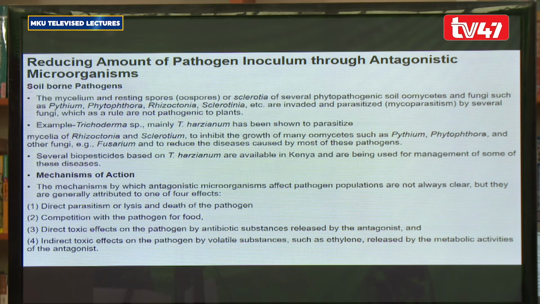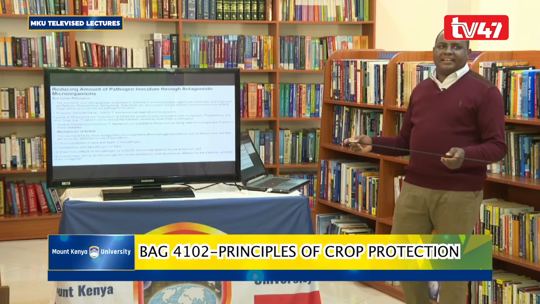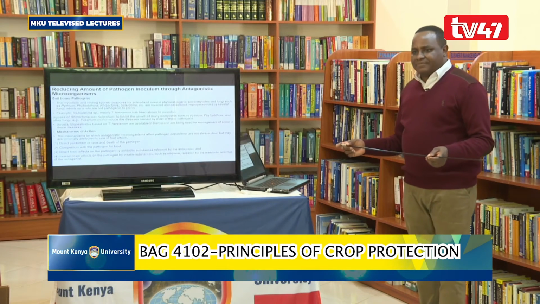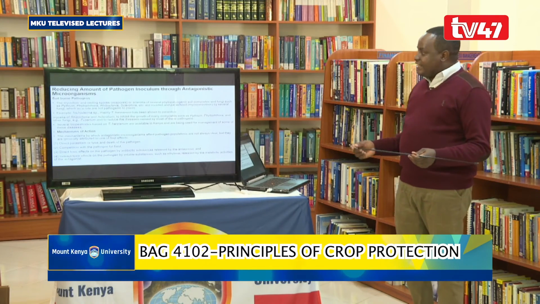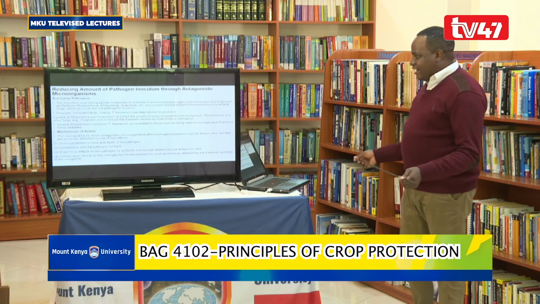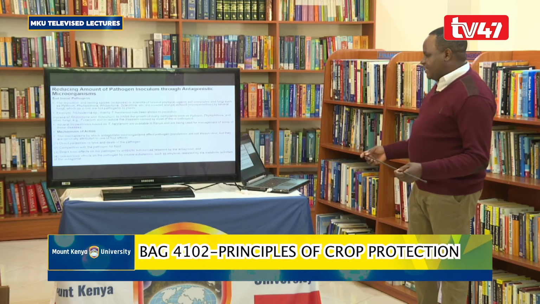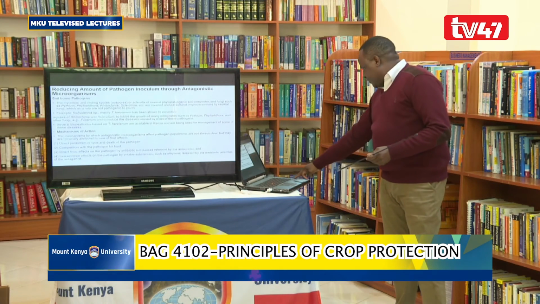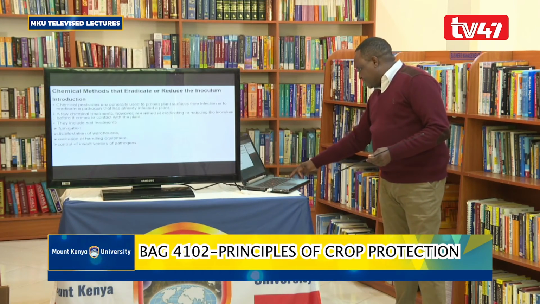A number of them have even been commercialized as products, and they are available. The principle here is microparasitism. They parasitize the microorganisms that are causing plant diseases and eventually kill them. The example I gave earlier, Trichoderma, is one of those known to parasitize other microorganisms.